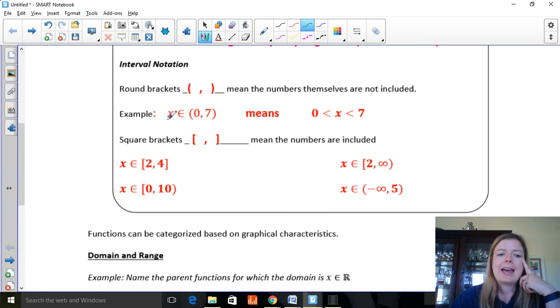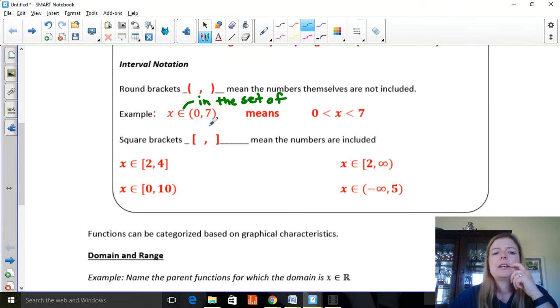So x is in the set of, that weird E means in the set of. When you see these examples down here, x is in the set of 2 to 4, 0 to 10, 2 to infinity, negative infinity to 5. There's a difference if you're using round brackets or square brackets.